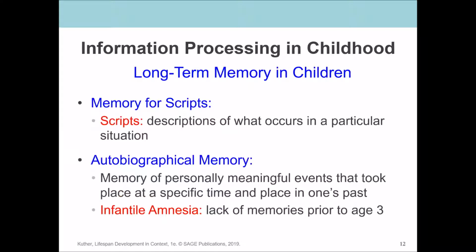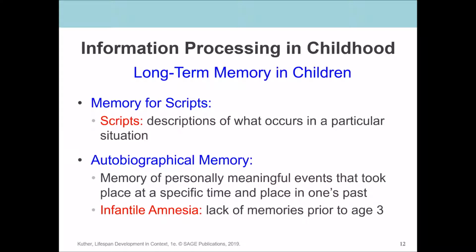Children show increasing ability to remember scripts as well as adding details to their scripts. Scripts are a description of what occurs in a particular situation. So if I ask you, what do you do when you go out to eat? Well, you're an adult and you've got great memory for scripts, so you'll probably say something like, well, you choose a restaurant, you drive there, you walk in, you can choose to sit at a booth or a table, you order food and drinks, and you eat and you pay for it.